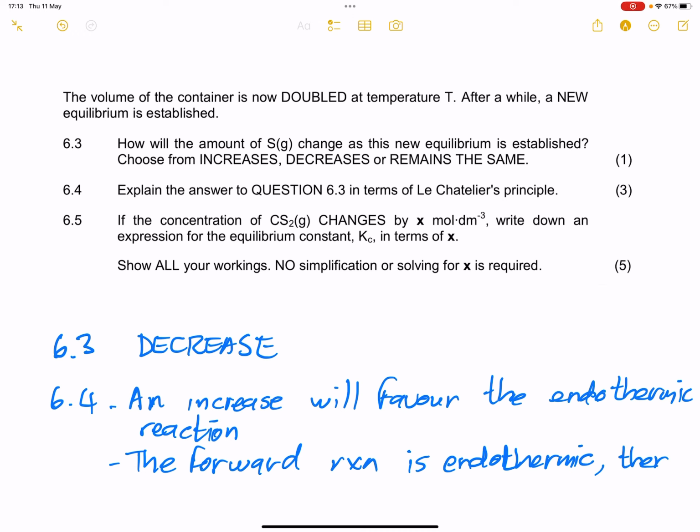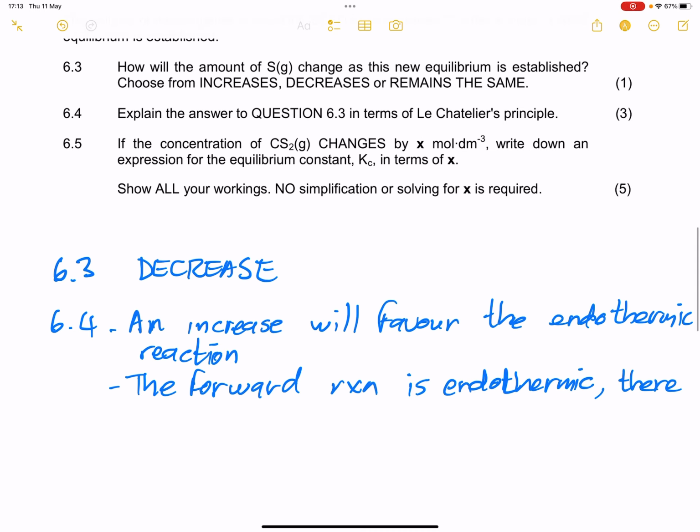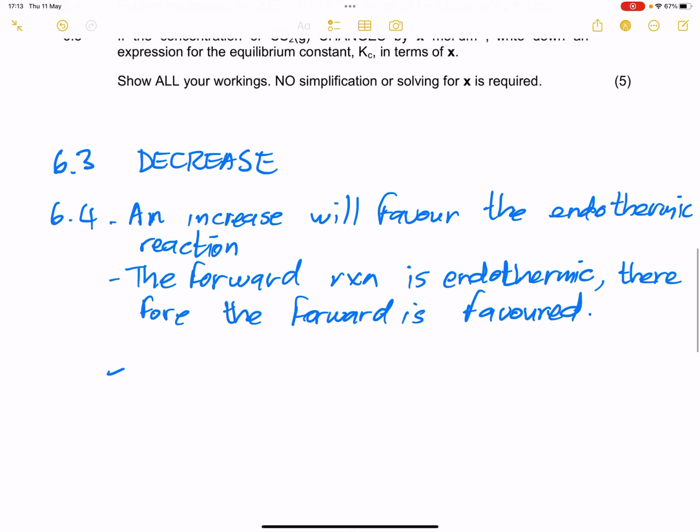Therefore, the forward reaction will be favored. The forward reaction is favored. And of course, in this case, this will lead, or you can say equilibrium shifts to the right.